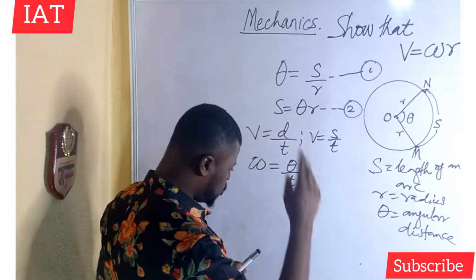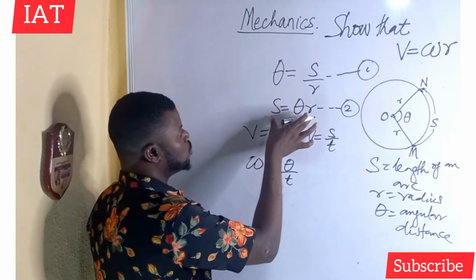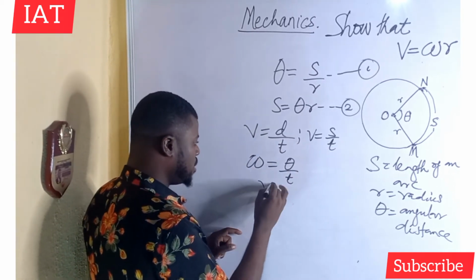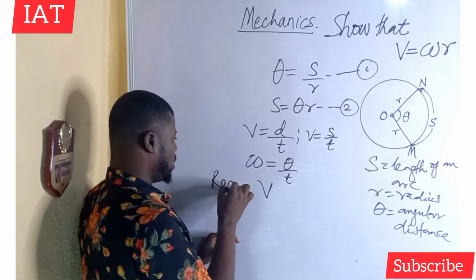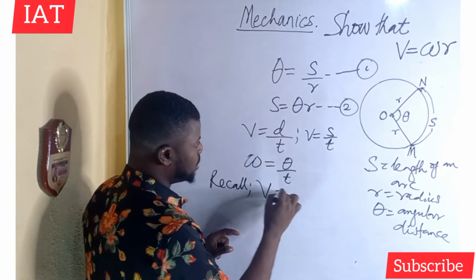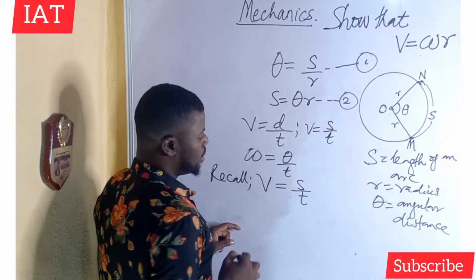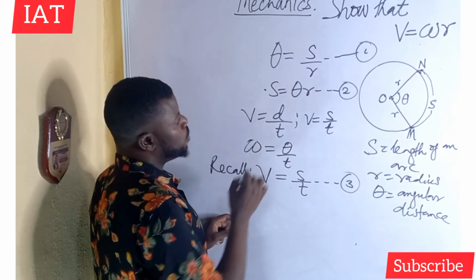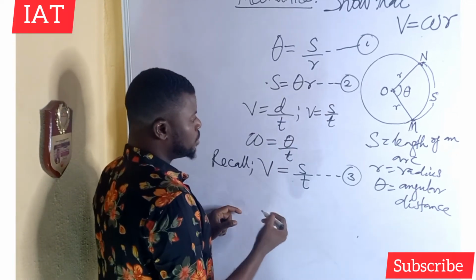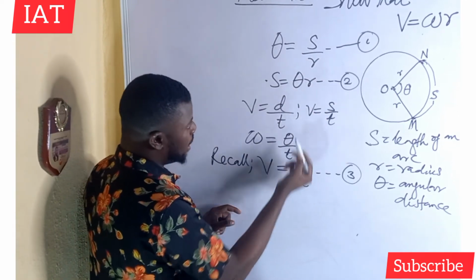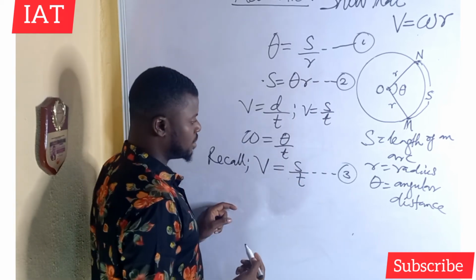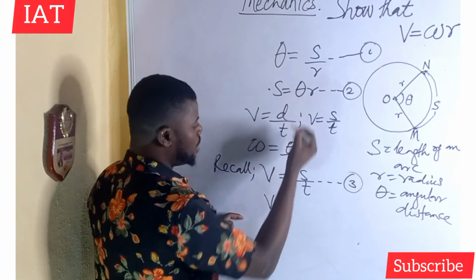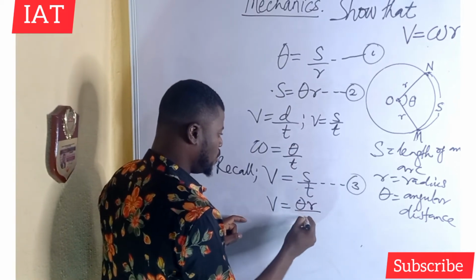I can approach this in two ways. The first way, from equation 2, recall that V is equal to S over t. And this is equation 3. Now from equation 2, we have S equal to theta r. So anywhere I'm seeing S, I can substitute theta r in place of S. So we have V equal to theta r all over t.